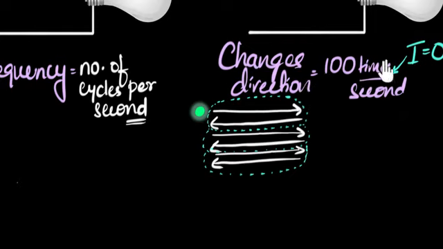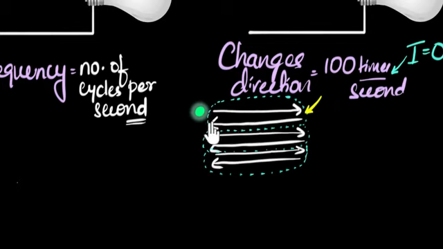Since I know the total number of times the electron changes direction in 1 second, to figure out the frequency, let's see how many times the electron changes direction in 1 cycle. Let's look at the first cycle. The electron is going forward and then, whoop, changes its direction over here. So the electron changes direction once here, and then it comes back.